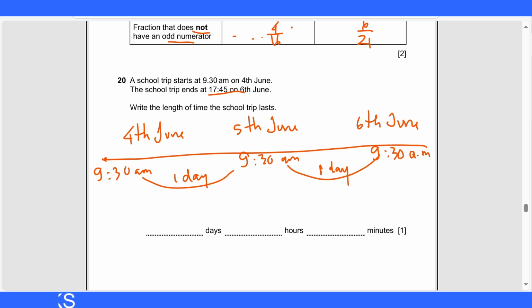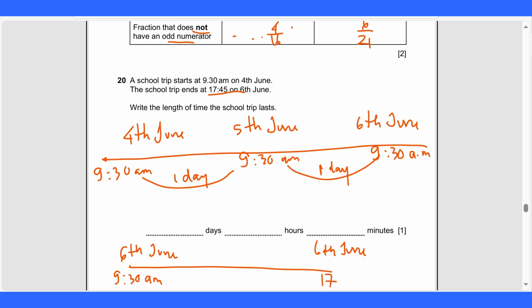So from 9:30 a.m. up to 17:45, from 9 to 17 is 8 hours, and from 30 to 45 is 15 minutes.